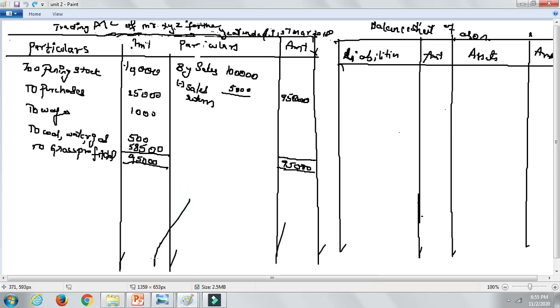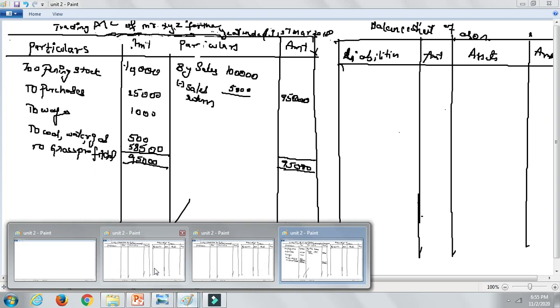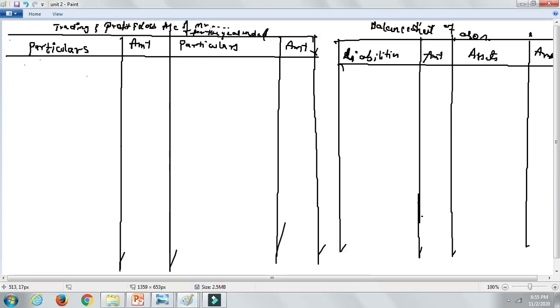I am going to show it in a fresh one. The name of the person is XYZ Limited, right? Trading account is always prepared for the year ended only.